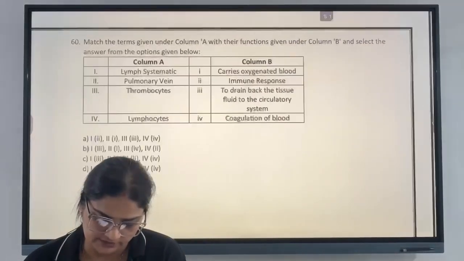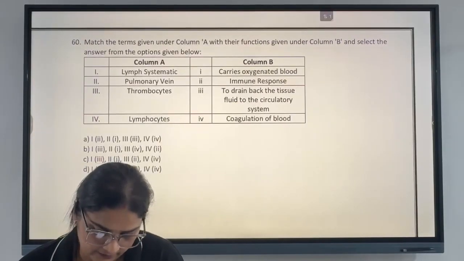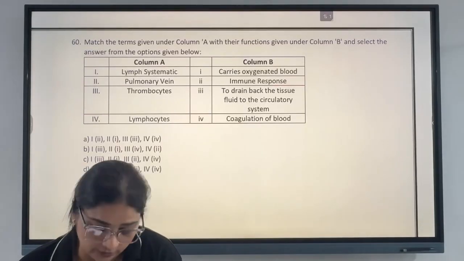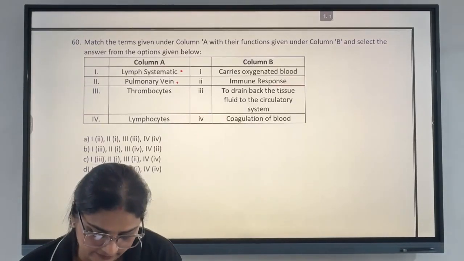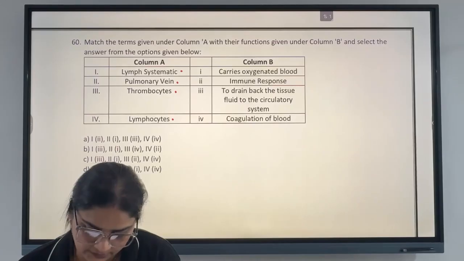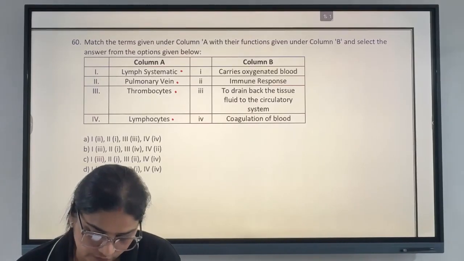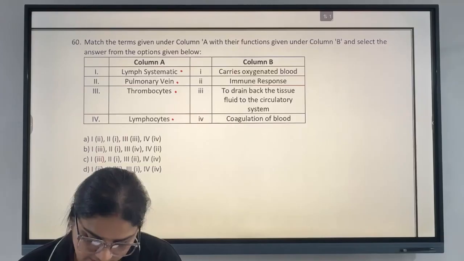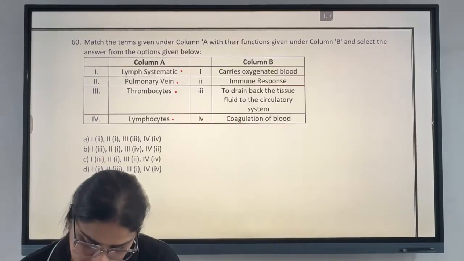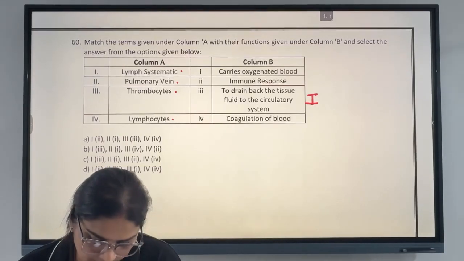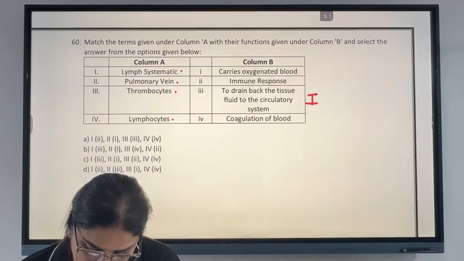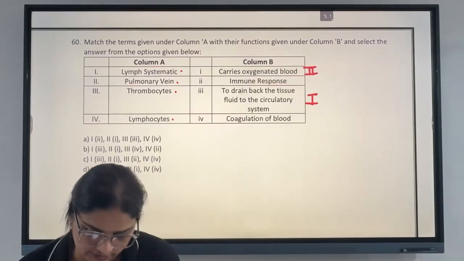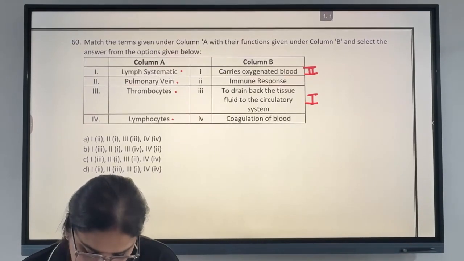Coming to question number 60. It's a match the column question. Column A says lymphatic system, pulmonary vein, thrombocytes and lymphocytes. Let's match it with column B. The lymphatic system drains back the tissue fluid to the circulatory system, so it goes with 1. The pulmonary vein carries oxygenated blood, that's the only vein that carries oxygenated blood. Thrombocytes, coagulation.